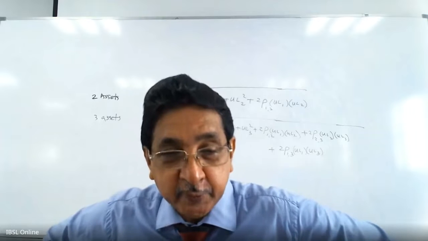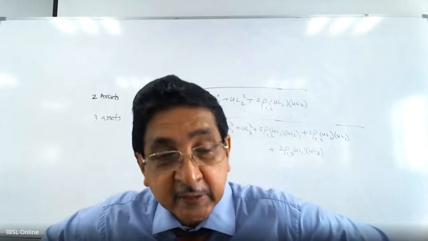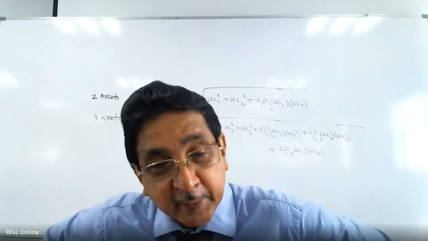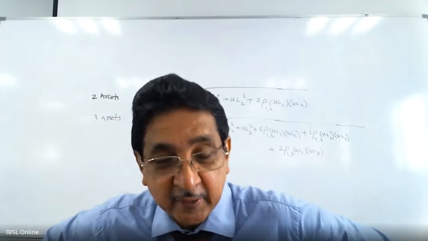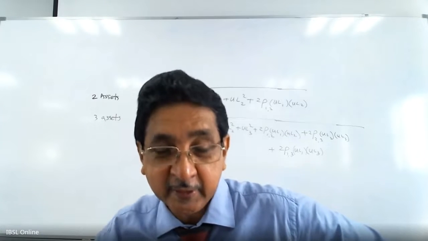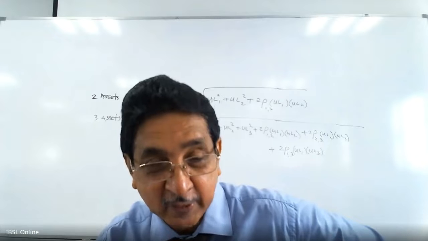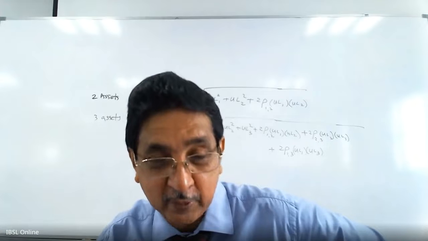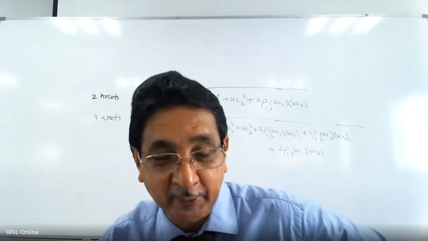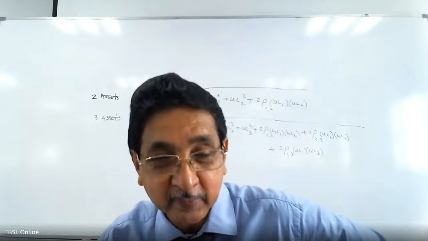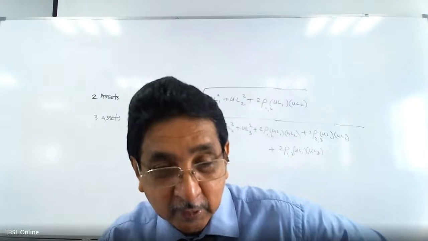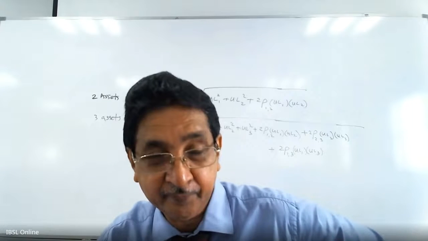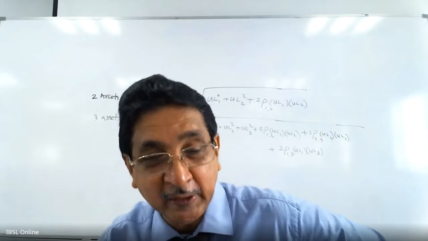So what you do is you take the three assets, UL1 squared plus UL2 squared plus UL3 squared. That is the first thing you need to do. Then you get the correlation terms, 2 rho 1 2, that is the correlation coefficient between 1 and 2. Then you do the multiplication UL1, UL2. Then add the other one, 2 rho 2 3, then UL2, UL3.